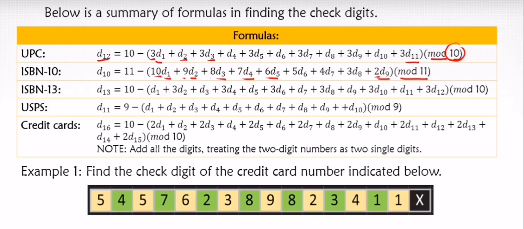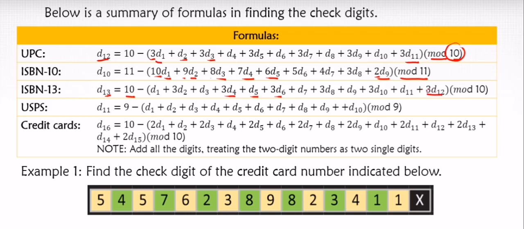Okay? Next, yung ISBN-13, meron tayong formula na D13, 13 digits kasi, equals 10 minus D1 plus 3D2 plus D3 plus 3D4, D5, 3D6, until 3D12.